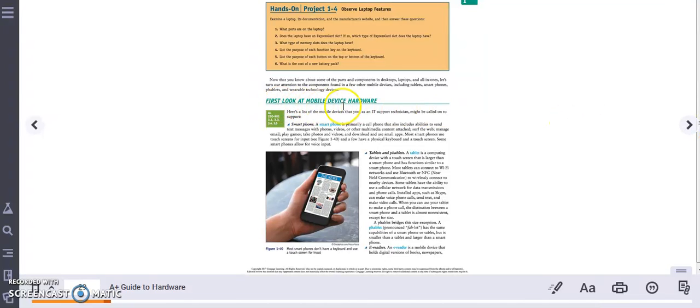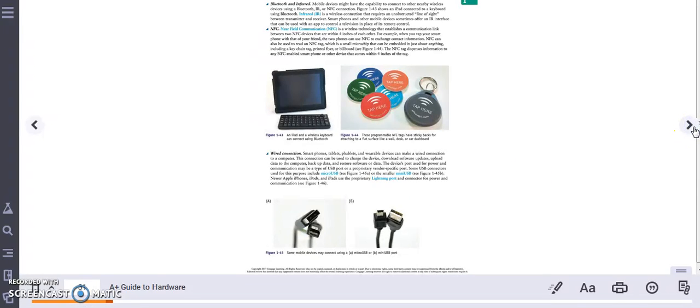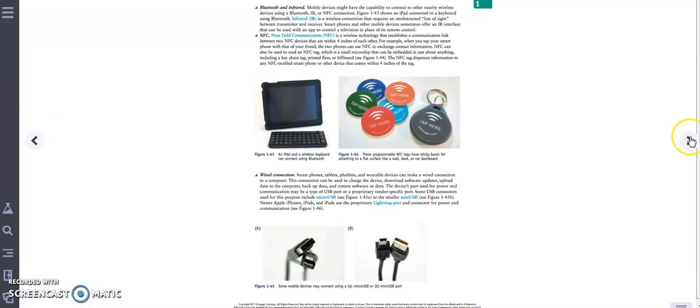And then the chapter gets into a first look at mobile device hardware. Different types of wearable technology, and then connection types. Continued.